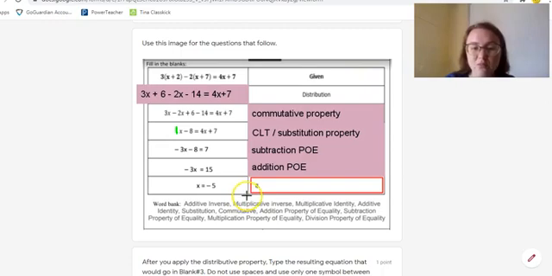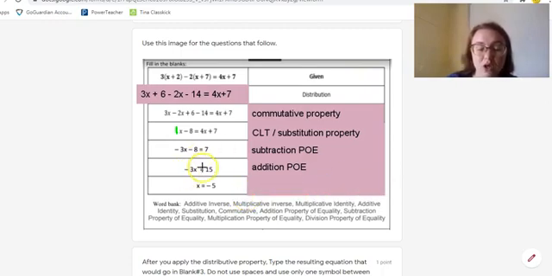And then for the last one, what makes this look different than the step above it? What makes it look different? Well, my negative 3 disappeared, and my 15 turned into a negative 5. How? What was going on behind the scenes to make this happen?